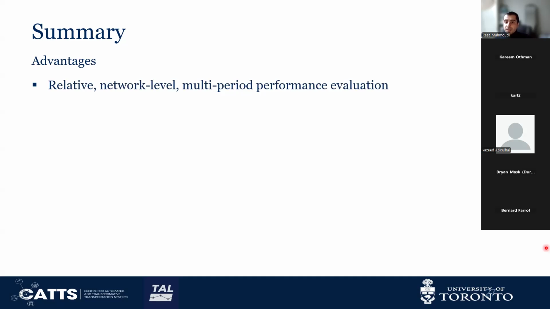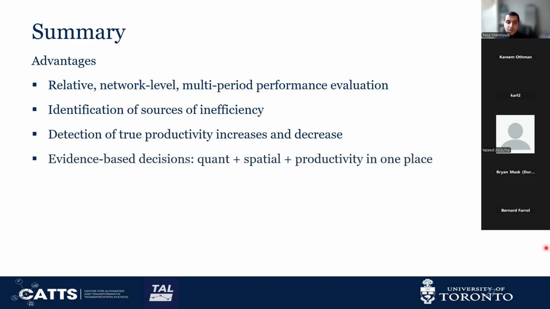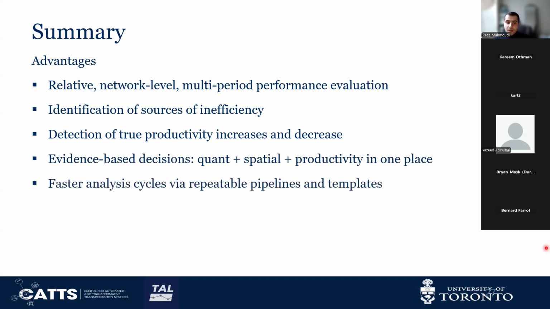T-Spark can be used to do relative network-level multi-period performance evaluations. It's capable of identifying sources of inefficiencies, detection of true productivity increase and decrease, and evidence-based decisions by combining quantitative analysis, spatial analysis, and productivity analysis in one place.